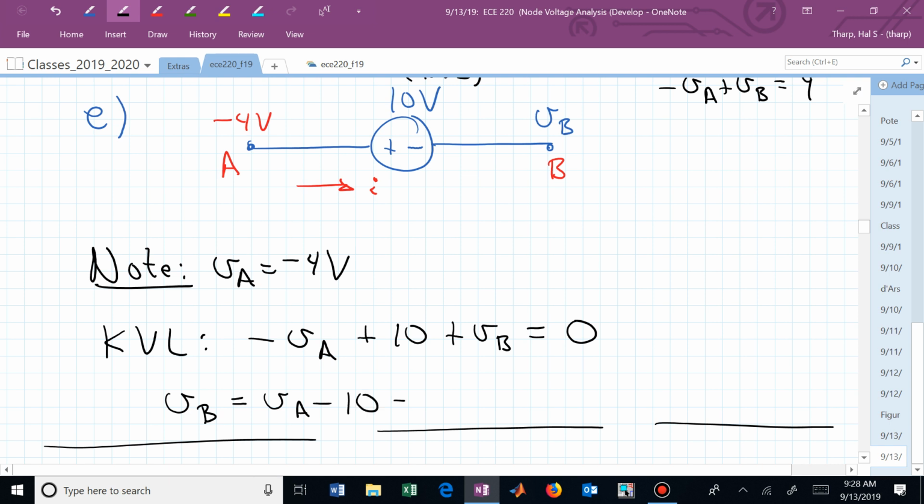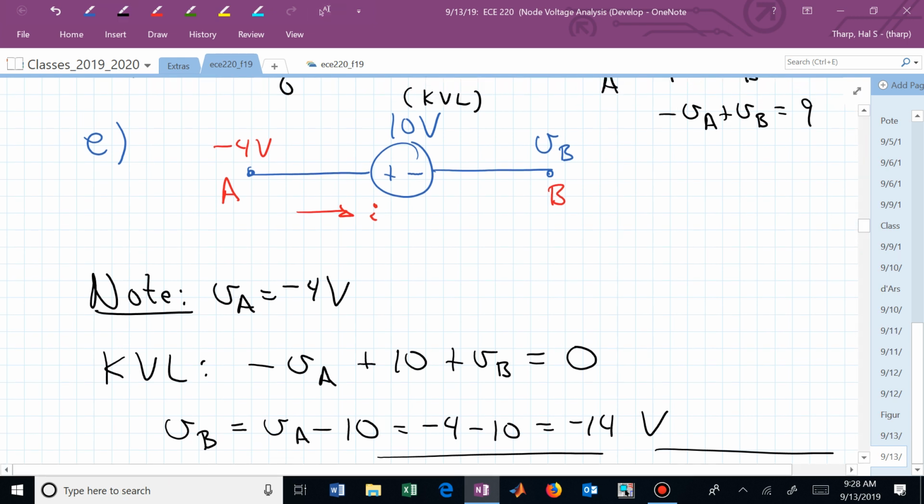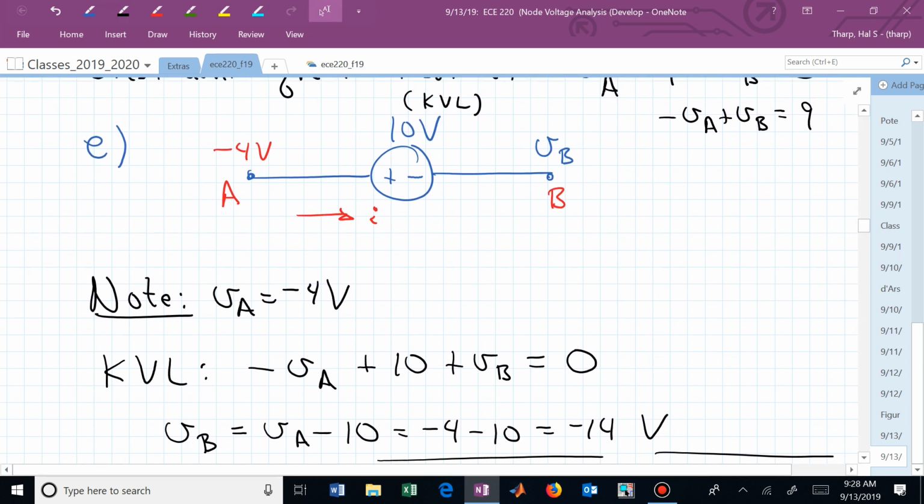But V sub A was in fact minus 4. So now we know V sub B as well as V sub A. It's 10 volts lower than minus 4, because it's 10 volts dropped from minus 4 to V sub B. That's a voltage drop.